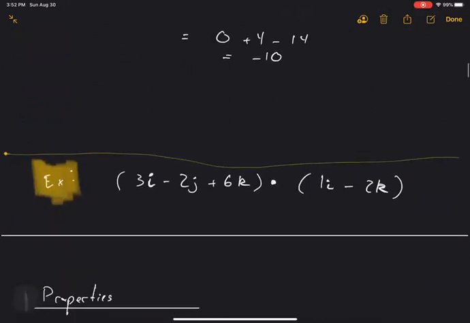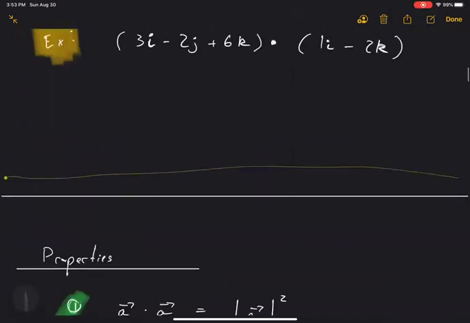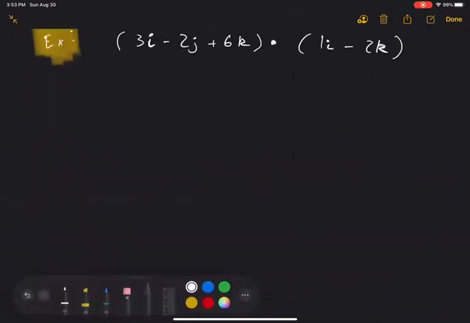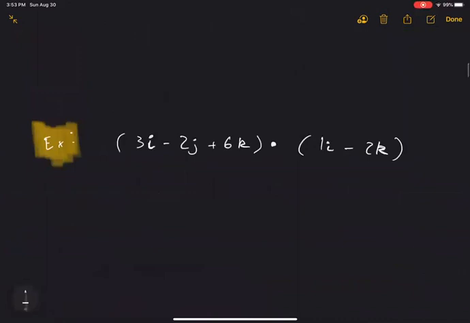Now let's recall this notation from section 12.2. When I have 3i minus 2j plus 6k, remember what our i, j, and k are. Remember, i is the vector 1, 0, 0, the unit vector in the direction of x. j is the unit vector in the direction of y, so 0, 1, 0.